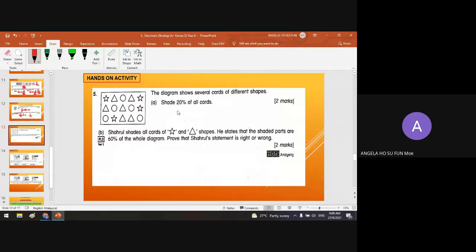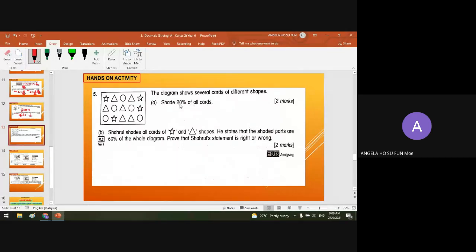Faster. Eva, 6 Merah. Good. Alexa has answered already. Okay, Alexa Grace, is it? Alexa Grace, what did you answer? 3. She answered 3.